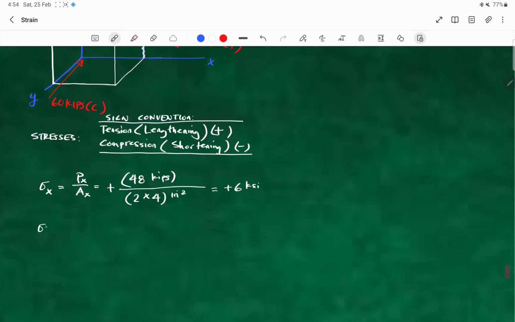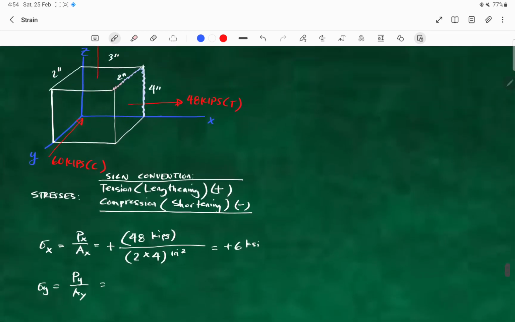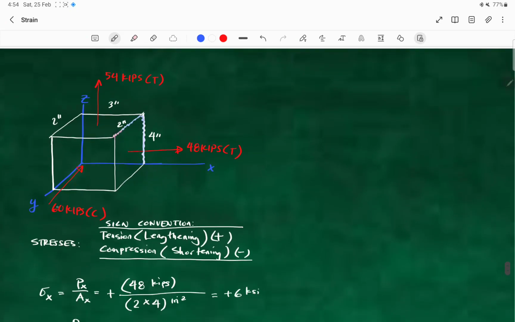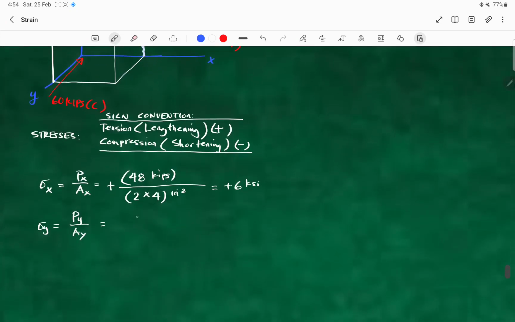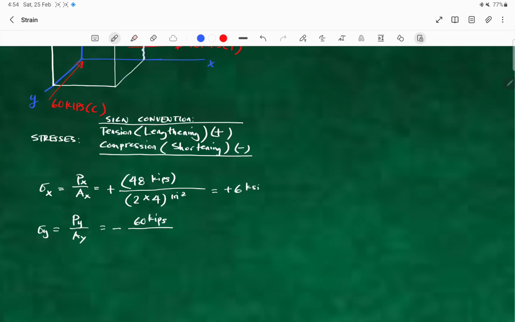And for Y naman, so we have force applied along y-axis and yung area perpendicular sa y-axis. So, yung force along y, so ito yung y-axis natin. So, ito yan, yung 60 kips. This is in compression, so we take it as negative.